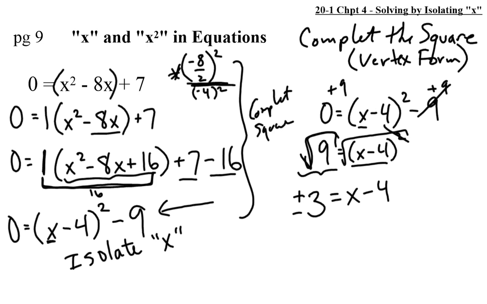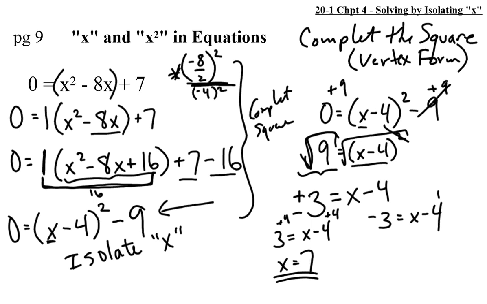That now leaves x minus 4. Well, I have two possibilities. 3 could equal x minus 4, or negative 3 could equal x minus 4. At that point, solve for x, add 4, and x equals 7. Here, add 4, x will equal 1.